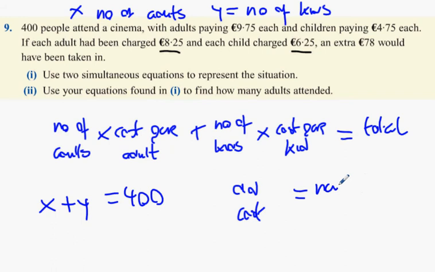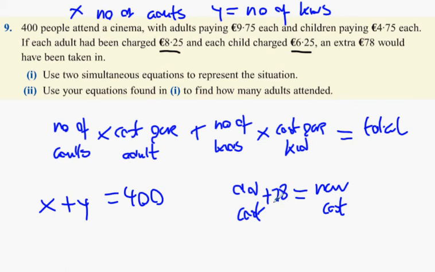Why does it not make sense? How are they different amounts? So which one's bigger, the old cost or the new cost? New cost. The new cost is how much bigger? 78 bigger. So if we add on 78 to the old cost, is that a balanced equation?